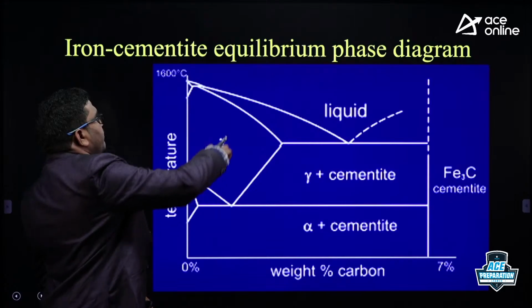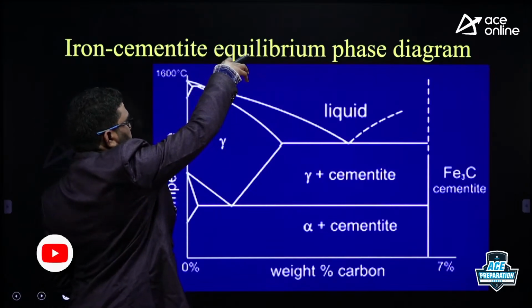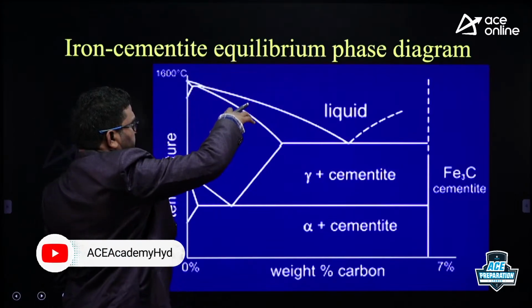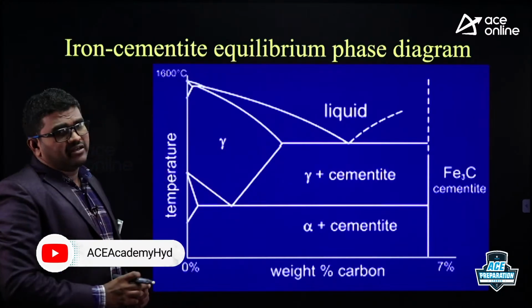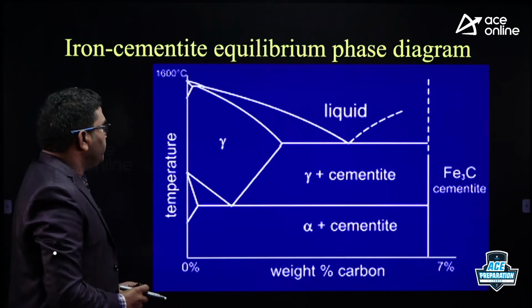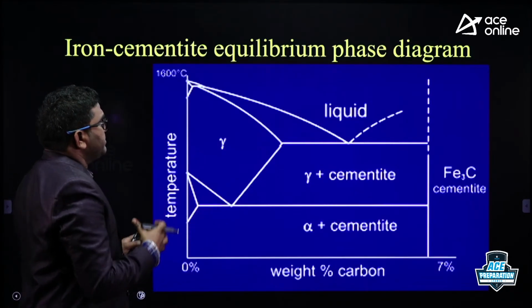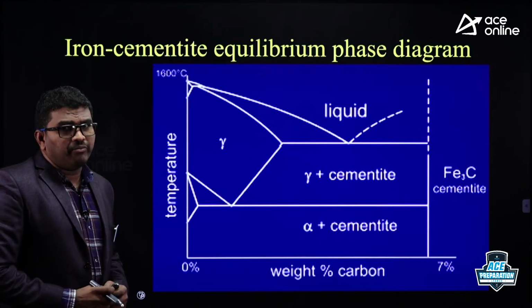By cooling the liquid iron carbon alloy from the liquid state, we will get different phases of this iron carbon alloy. That's why it's a phase diagram, an equilibrium phase diagram. I'll explain this phase diagram point by point.